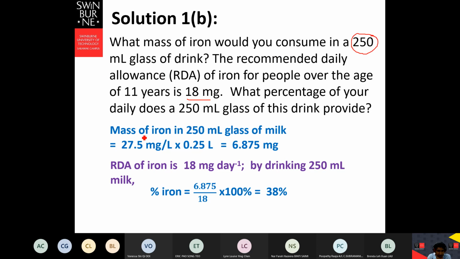If we multiply this, we get 6.87 milligrams in 250 milliliters, right? And 6.87 out of 18 is about 38%.